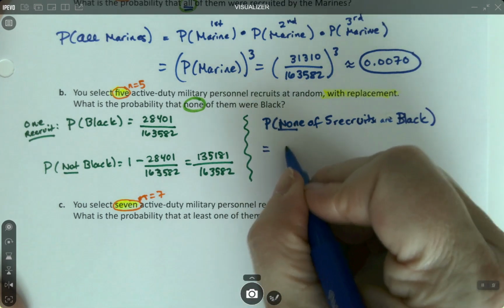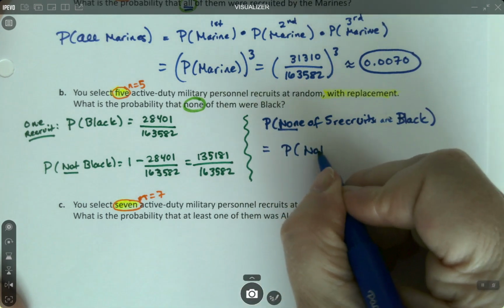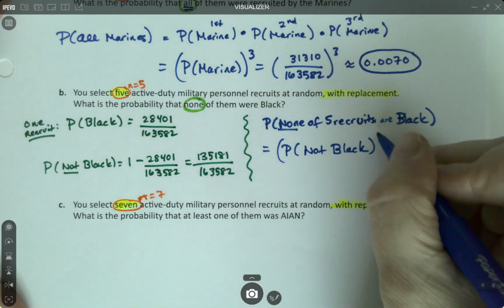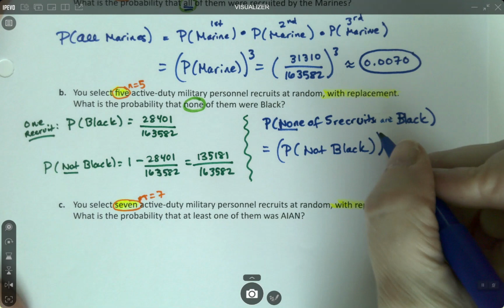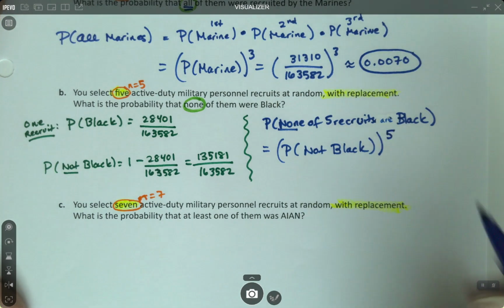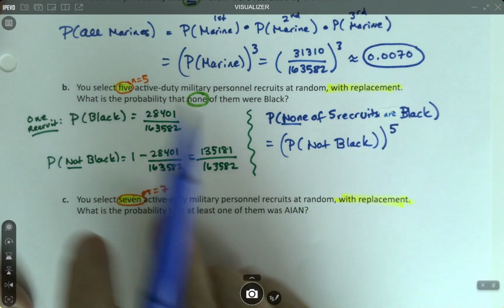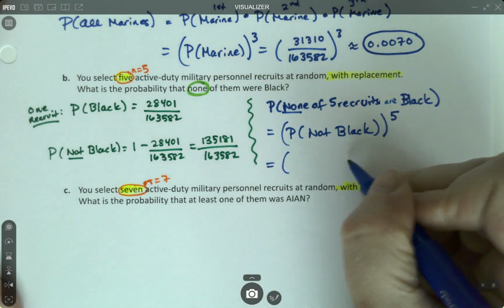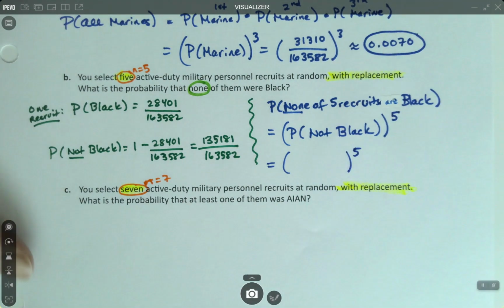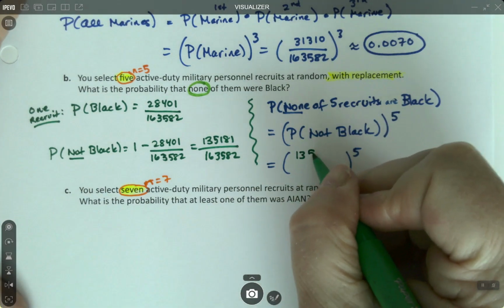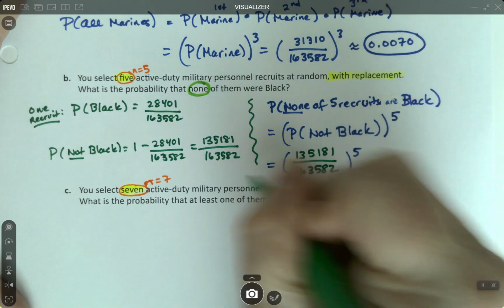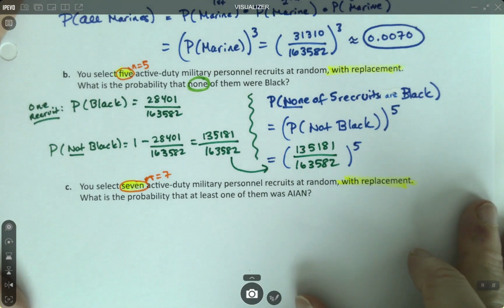That means I want the probability of not black raised to the 5th power, because my index was 5. I'm going to do this for 5 recruits. But I know what the probability of not black is. I just found it. So I'm going to take 135,181 over 163,582 and plug that in.